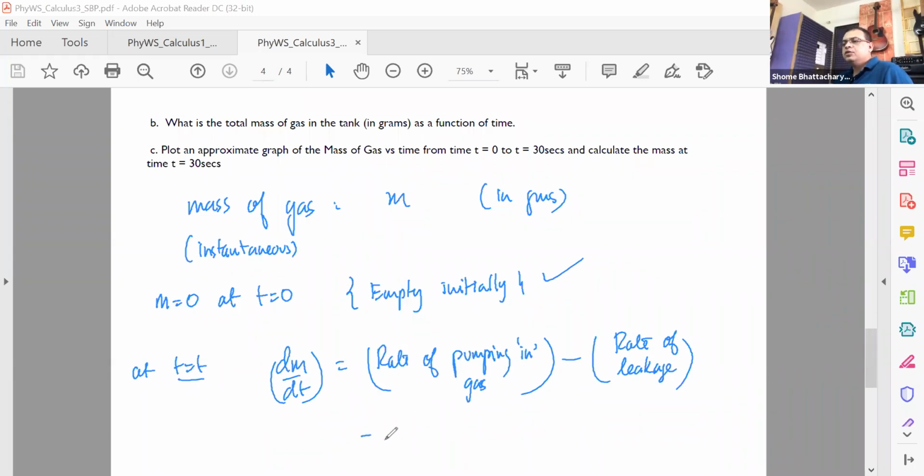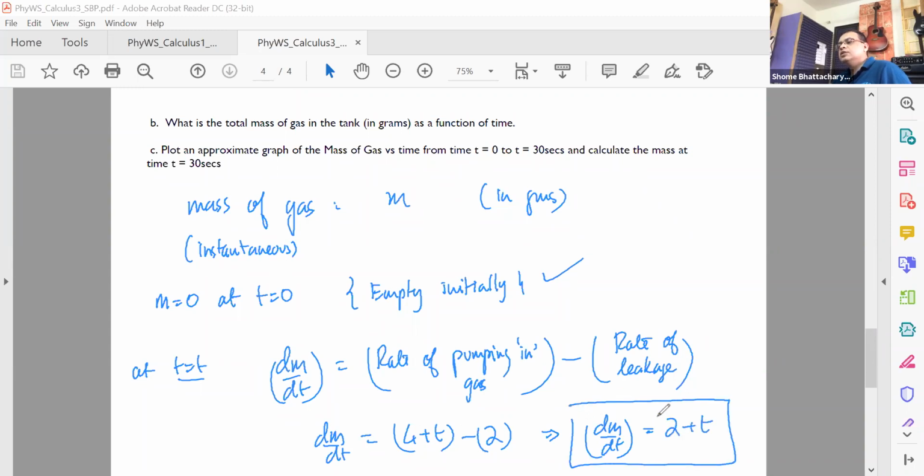The pumping rate was given to us as 4 plus t, a variable rate, whereas the leakage is given as 2 grams per second, a uniform rate. So dm by dt, the rate at which the mass of gas is changing in the cylinder, is 2 plus t. The net rate of change is 2 plus t. This rate is in gram per second, where t is time in seconds. So it's a variable rate.